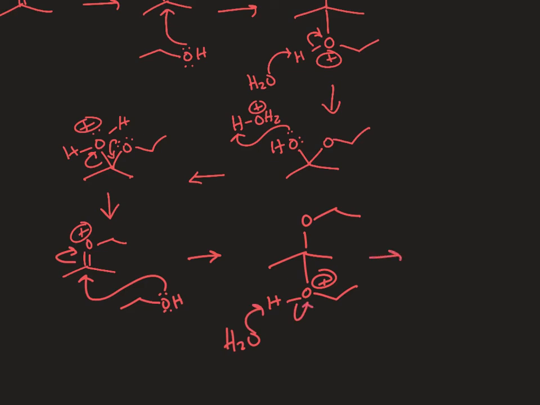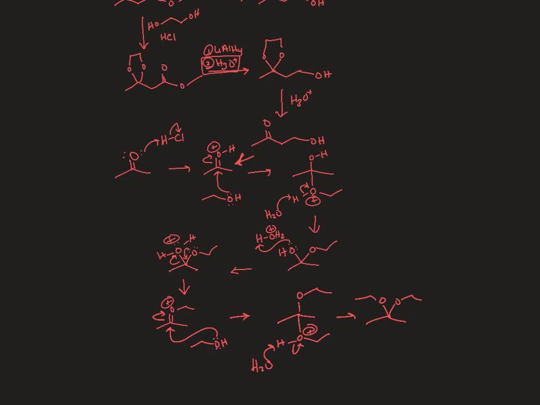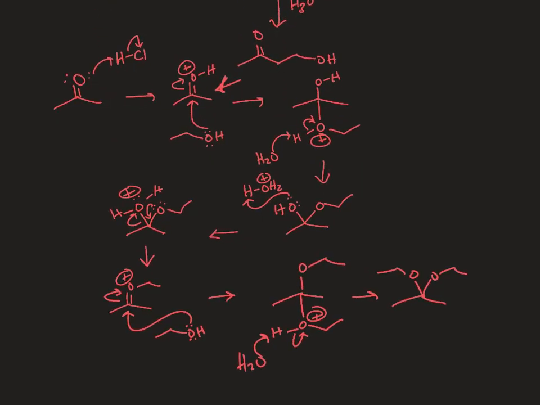And now we have our acetal product. So this mechanism, like I said, is basically repeating the same thing twice: first adding the first alcohol group, making water leave, adding the second alcohol group, and ending up with your final acetal.